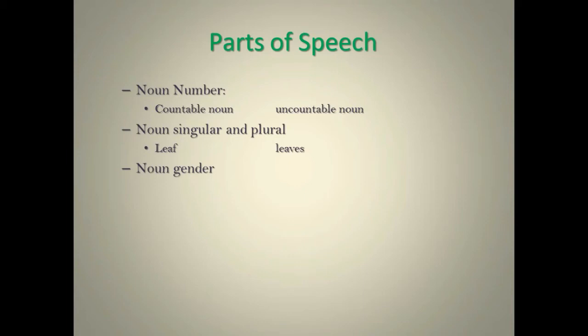Then noun gender. So in gender noun, gender refers to the sex of a noun or pronoun. Based on their characteristic, nouns have been classified into 4 gender, that is masculine gender, feminine gender, common gender and neutral gender.